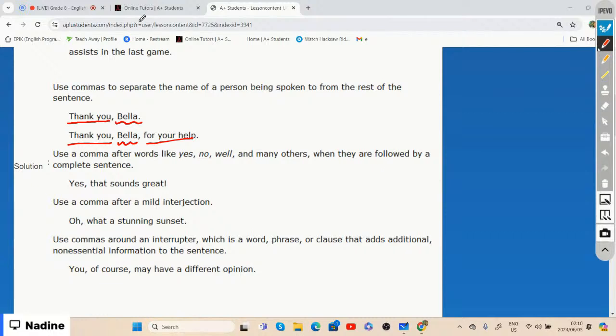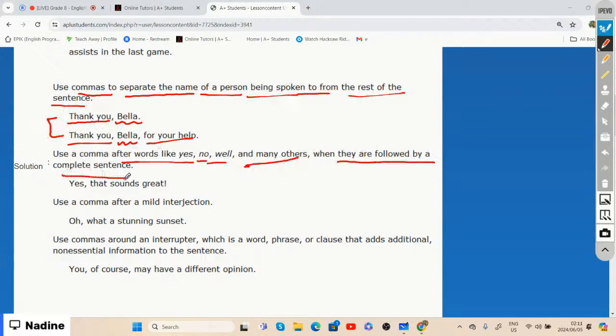All right. And once again, we use commas to separate the name of a person being spoken to from the rest of the sentence, as in "Thank you, Bella, for your help." We also use a comma after words like yes, no, well, and many others, when they are followed by a complete sentence.